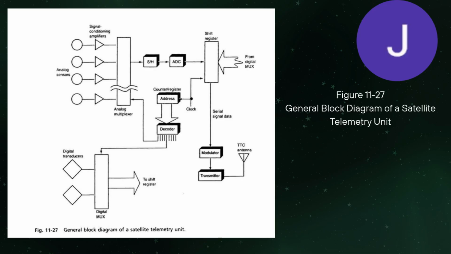Here's a block diagram of a satellite telemetry unit in figure 11.27. The sensors measure the temperature, the voltage, and the radiation, while the data is multiplexed, converted to digital, and transmitted to the Earth. As you can see on the block diagram, this is how it is processed from the receiving to the transmitting.